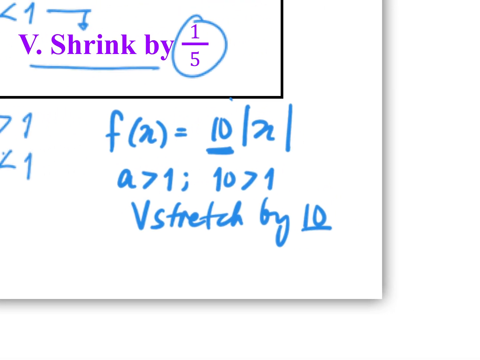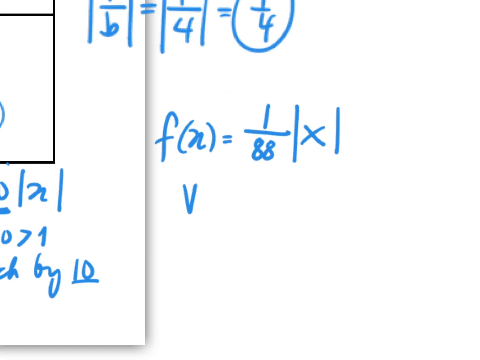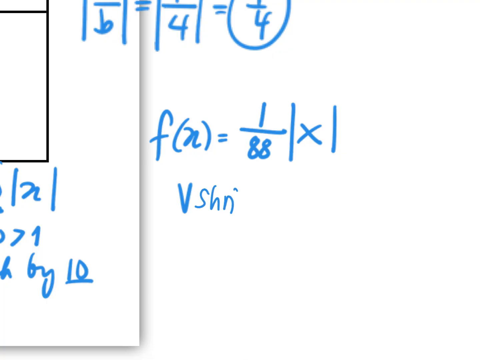Okay, another example. Let me just go out of the paper. Let's say f of x is going to be 1 over 88 times the absolute value of x. So in here, we can say that there is a vertical shrink by 1 over 88.